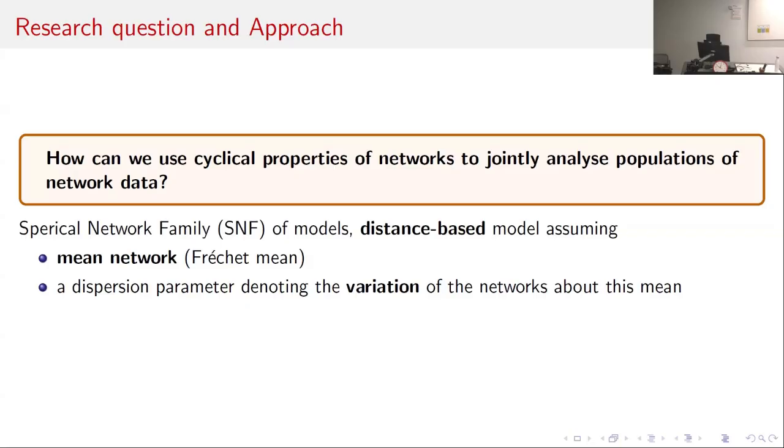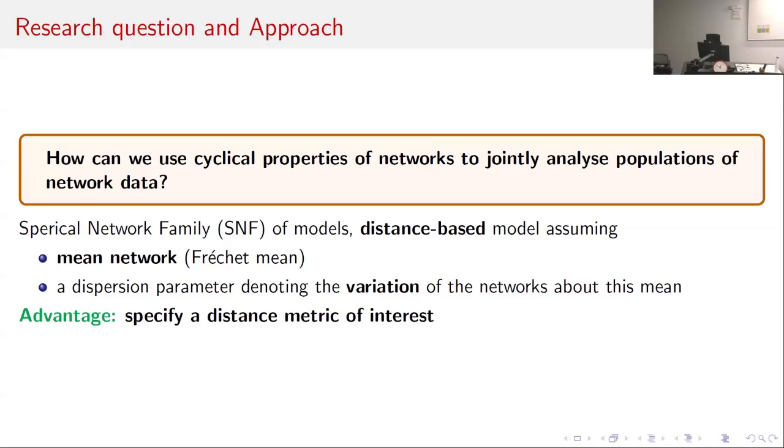It has the notion of a mean network, similarly to the measurement error process, but now it's defined as the Fréchet mean, and a dispersion parameter denoting the variation of the networks from the Fréchet mean. So it resembles a normal distribution where you have a mean and the variance, but now you're in the network space.